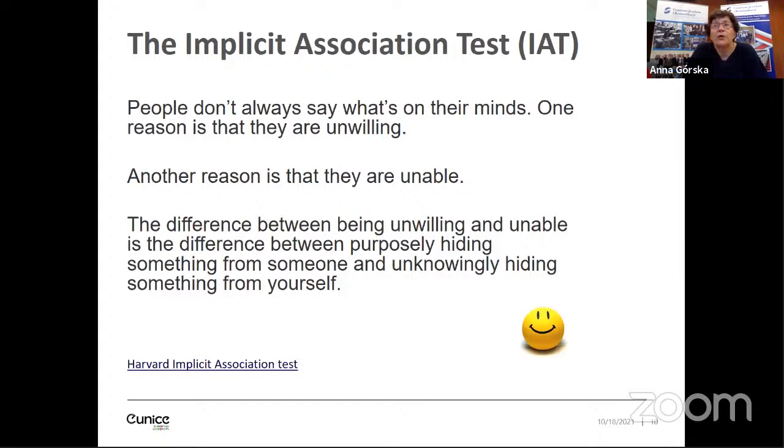For example, you are this heavy smoker, but you don't really want to know how many cigarettes you smoke. You know that it's a lot, but you don't count it, and you don't try to keep track of it. The purpose of this test is to let people know what they hide from themselves. I would like to show you this test. One moment.